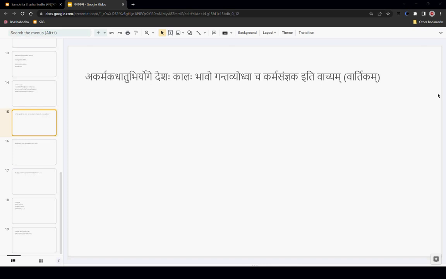Just marga, we don't find usages like that. Margam aste, no. Marge upavishati, that's fine: on the road he sits. But if he is sitting for the entire distance of a certain stretch of that road, then we can bring the word used to indicate that distance, like krosha, yojana, etc.